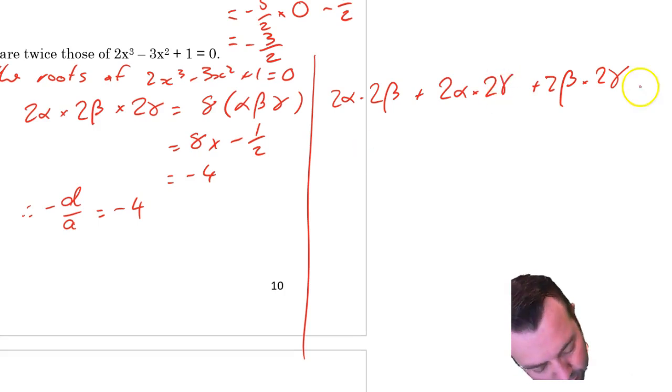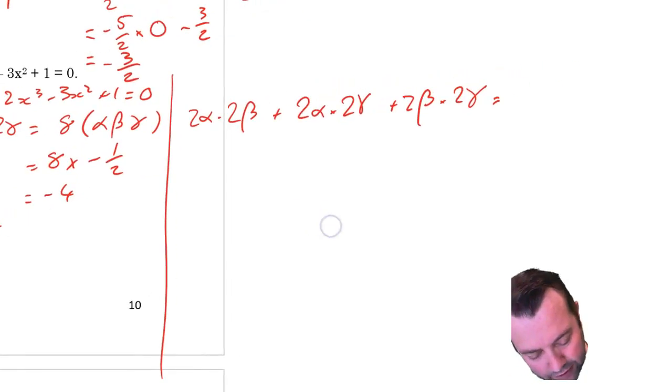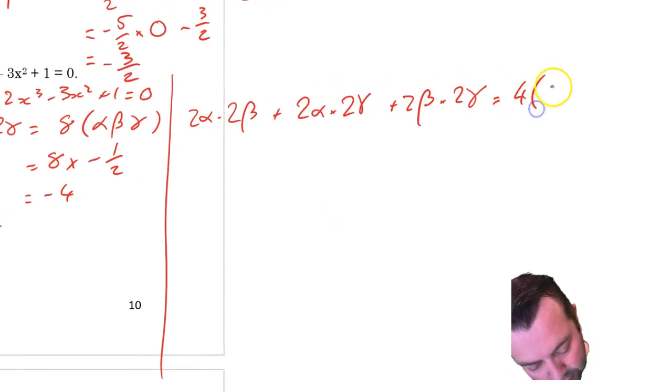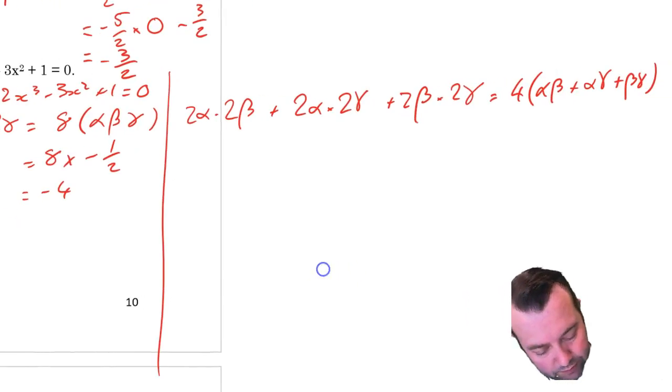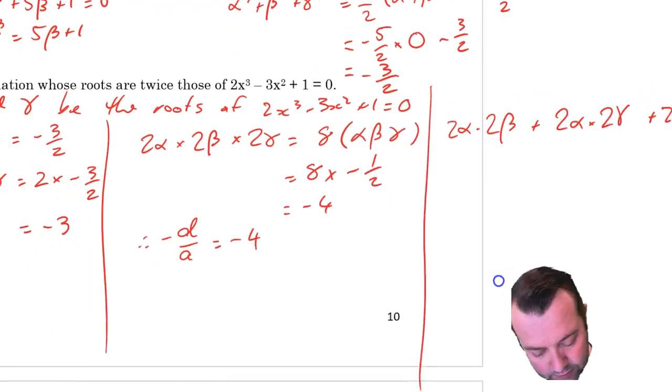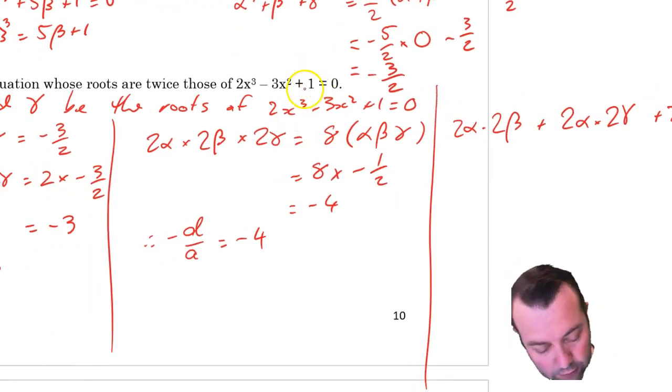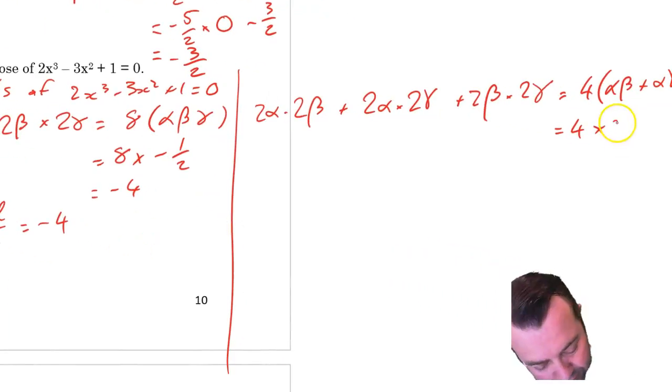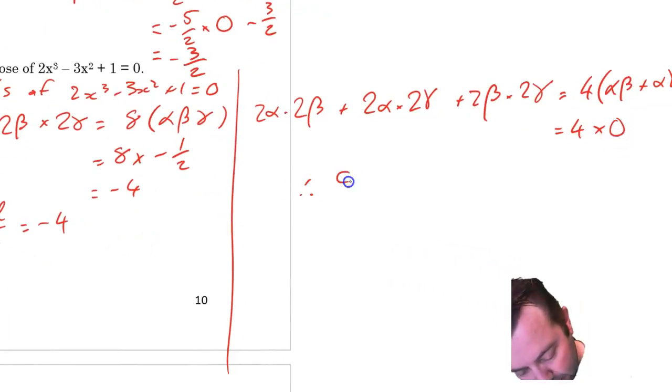Right, that's equal to, rapidly running out of space here, 4 outside of alpha beta plus alpha gamma plus beta gamma. Righto, equals 4 times c over a. C is the coefficient of the x term here, which is 0, so 4 times 0. Therefore, c over a equals 0.